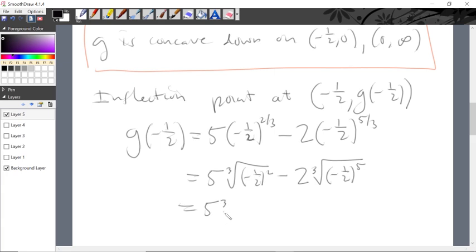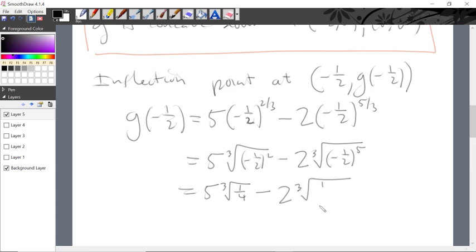So 5 times the cube root of 1/4 minus 2 times the cube root of 1 over negative 1 over 2 to the 5th, which is what? 32. Go to the calculator. g of negative 1/2.